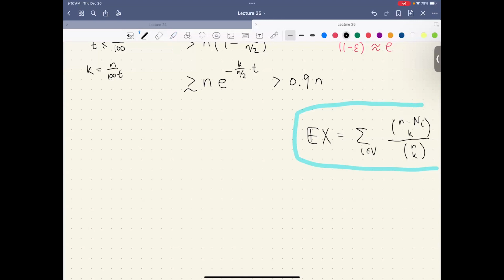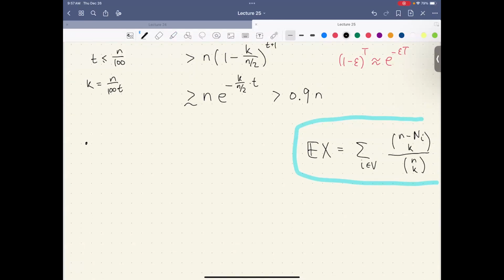With the expectation at hand, the variance is easy to compute. The variance of X, where X is the sum of X_i, is the expectation of X squared minus the expectation of X, squared, right?